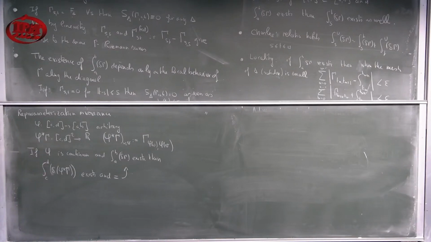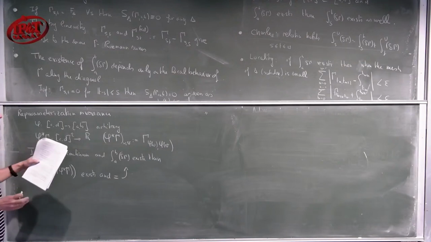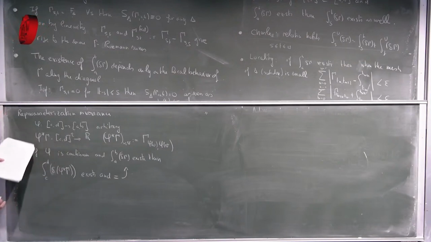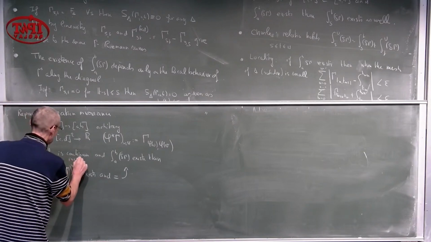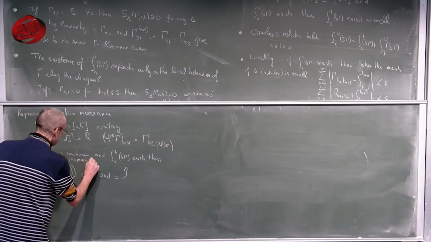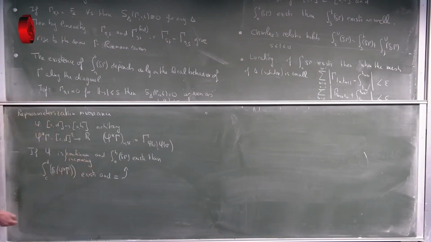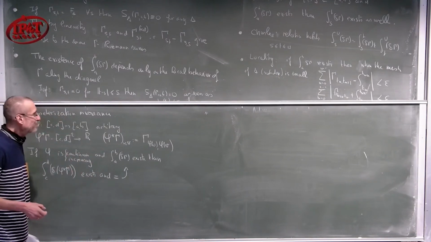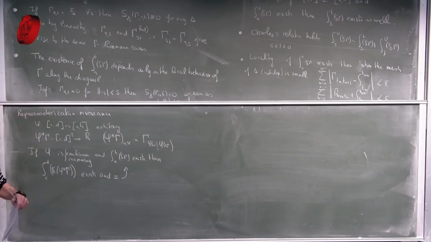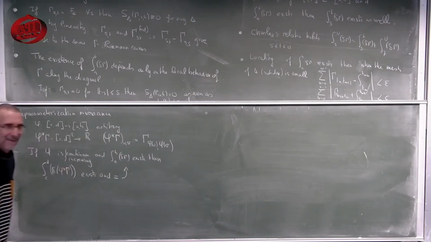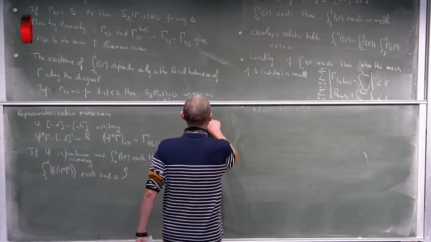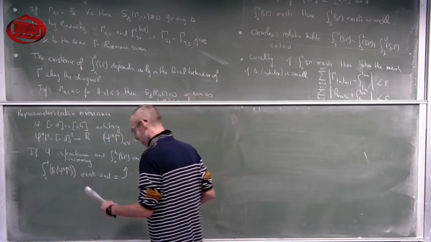If phi is continuous and increasing, so it's a homeomorphism if you want, then phi is going to map subdivisions to subdivisions, and subdivisions with small mesh to subdivisions with small mesh. So that's uniform continuity. Anyway, this is an important property.